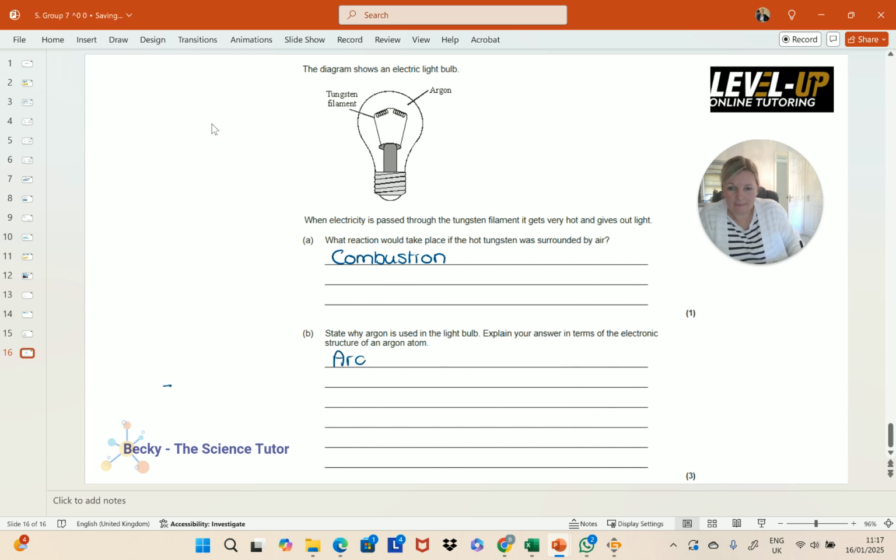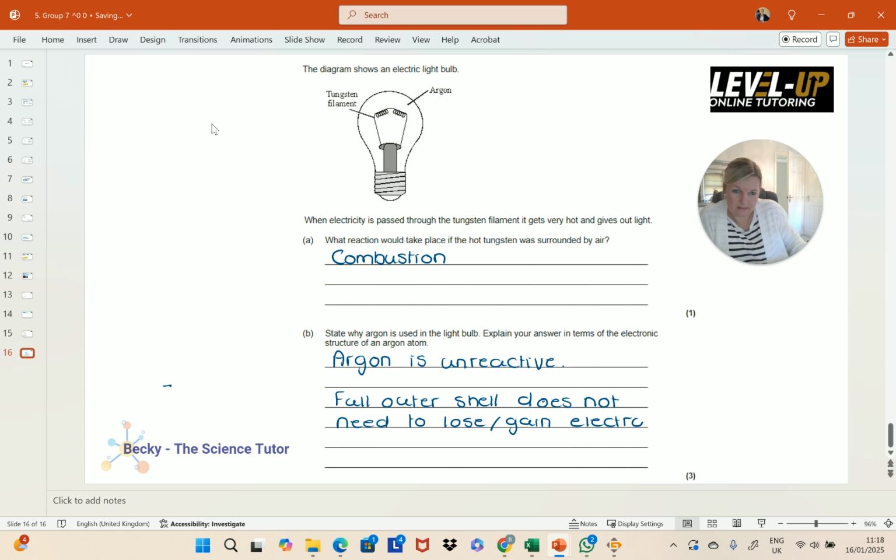So marking point 1 is for stating why. Then we need to explain in terms of the electron structure. So I'm going to say it's because it has a full outer shell and it does not need to lose or gain electrons.